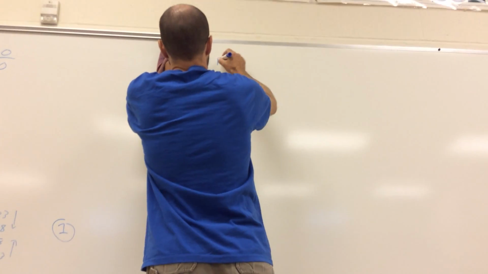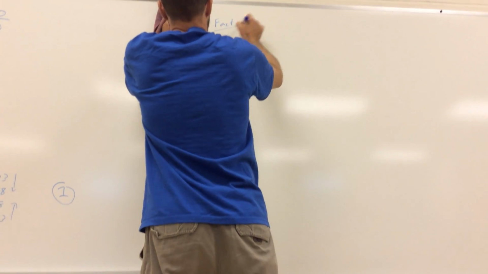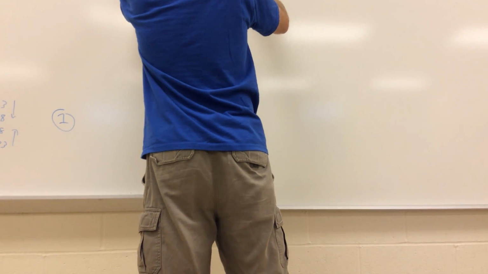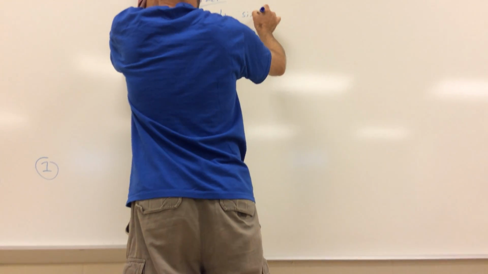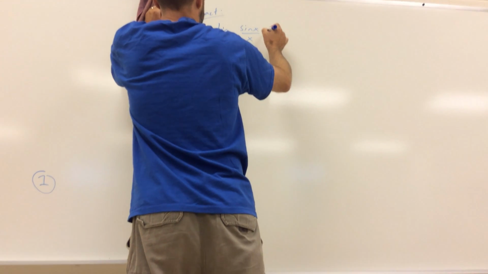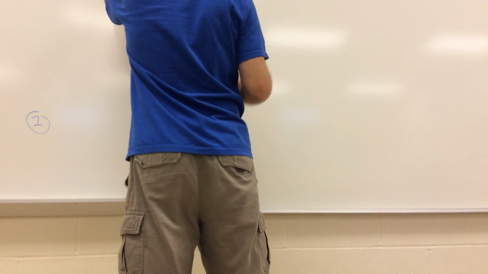So this is a fact that you need to have memorized. The limit as x approaches 0 of sine of x over x is equal to 1.